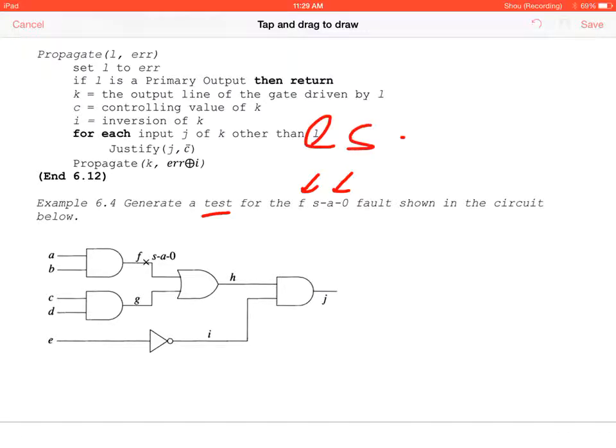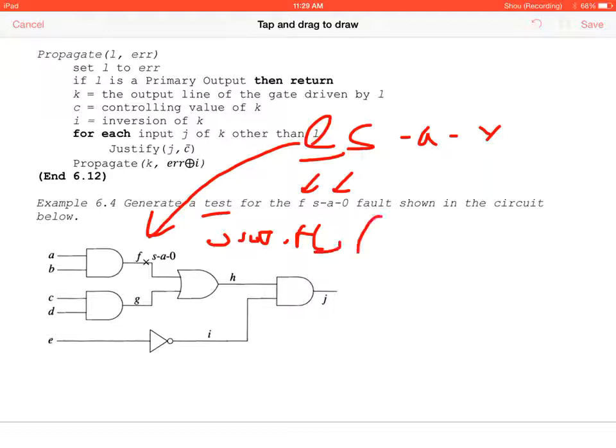So again, we had our LSAV. So our initial value that we're going to be putting into main test generate is going to be this node F. So the first one when we call that function, justify is going to be the inversion. So that first justify, before we even look at it, is going to be justify node F and 1.